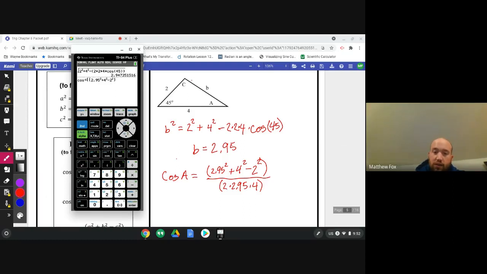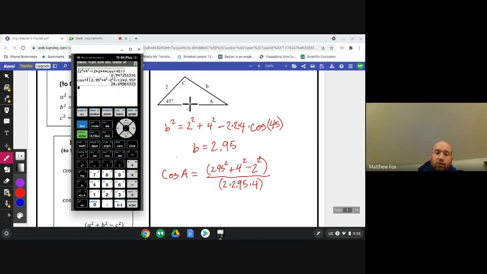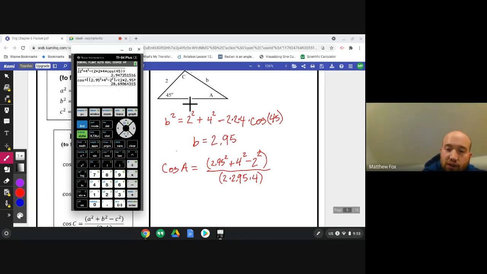I'll close that, divided by, and then on the denominator, we'll do 2 times 2.95 times 4, and we'll close that. I'll close the whole thing and hit enter. And as you can see, 28.69. Now, when we're finding the angle, we can just round to the tenths, so that's fine. So we'll get 28.7 degrees. So angle A, 28.7 degrees.